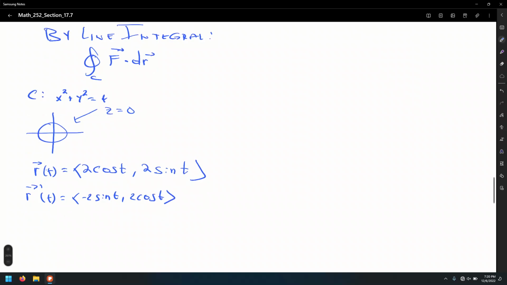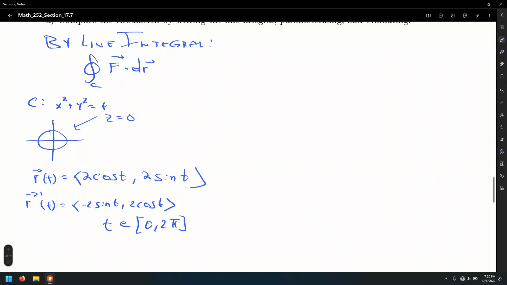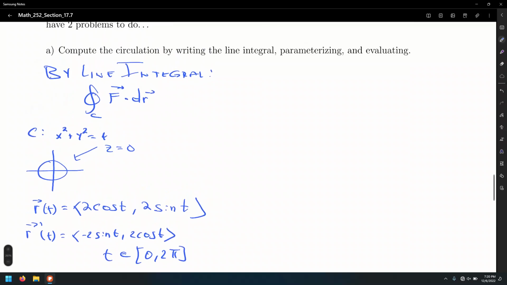And recall that this is valued for t between 0 and 2 pi. That's where this path gets traversed once. All right, let's see what else we have. So now we're going to evaluate this. Do we need the magnitude? No, we don't need the magnitude here. I don't think we need it. It's just a derivative, all right?